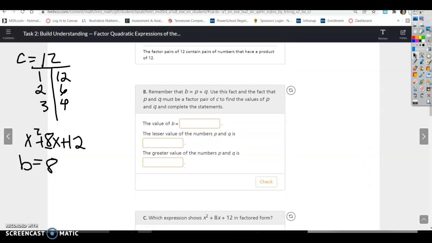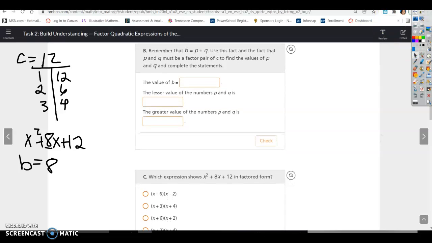We know that b equals p plus q, so these two have to equal 8. 1 and 12 does not equal 8. 2 and 6, yes, that equals 8. 3 and 4 equals 7. So 2 and 6 have to be our values. The lesser value is 2 and the greater value is 6. That's how we determine what numbers go in our factors.